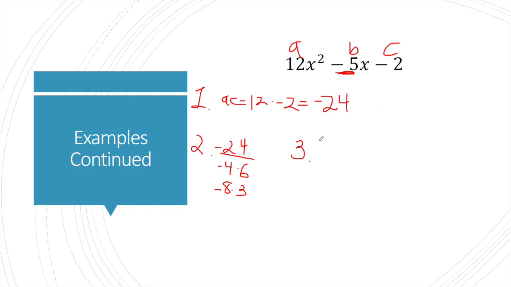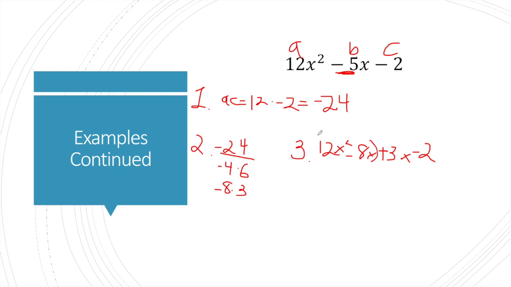plus 3x. So I have 12x squared minus 8x plus 3x minus 2. And we're going to factor by grouping.